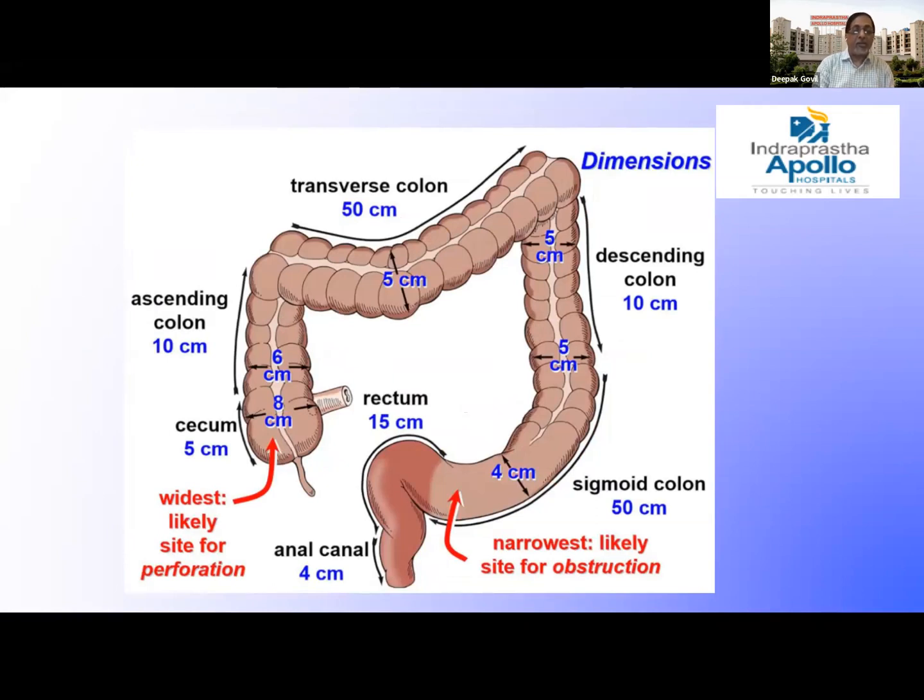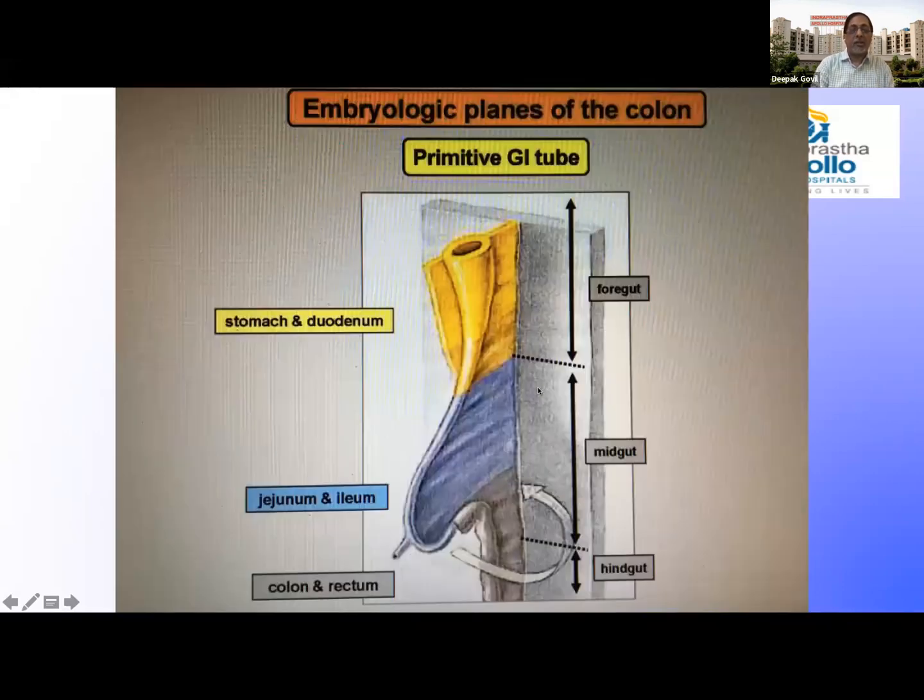The main thing is that the widest and likely site for perforation is the cecum, as you can see, and the narrowest and likely site of obstruction is the sigmoid and the rectosigmoid junction. The length is almost 1.5 meters for the large intestine.